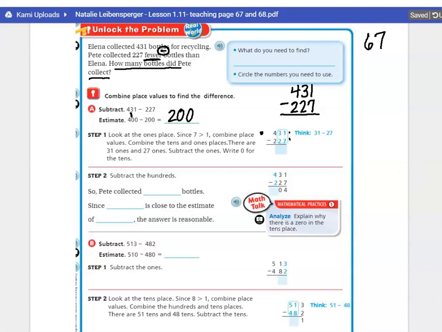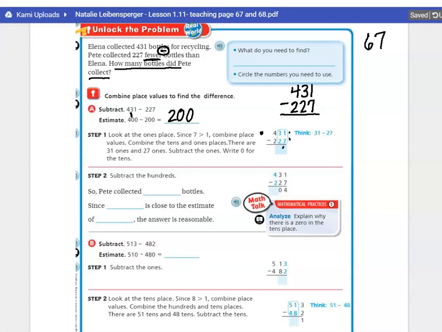In fact, I could start at 27 and count up to 31 to get the difference. So I count 27, 28, 29, 30, 31. Well, I know the difference is 4.